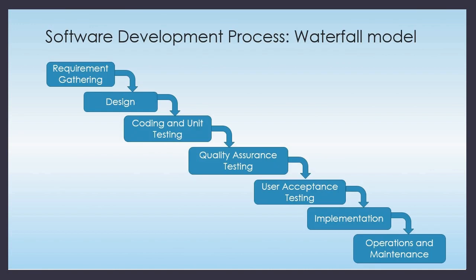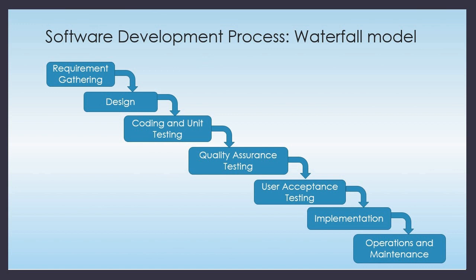Software development process includes many phases, which starts with gathering the requirement from the client, designing the software, coding based on the design, and testing. Assure the quality of the software through functional testing, and then get the acceptance of the software from the user side using user acceptance testing.